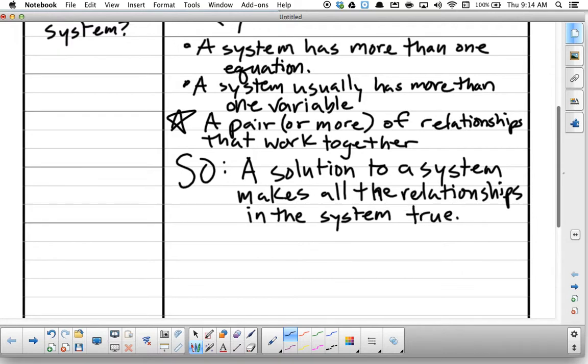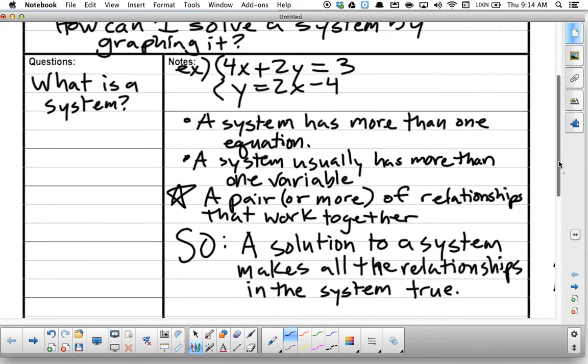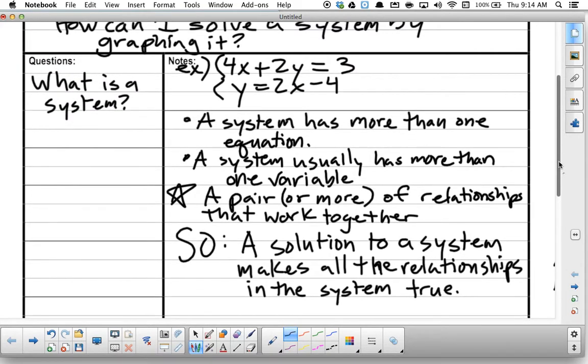When you think about this system up here, it's got two equations, 1, 2, and it's got two variables, x and y. And so a solution will have x equals and y equals for both equations. And I think to understand that, it's best to look at an example.